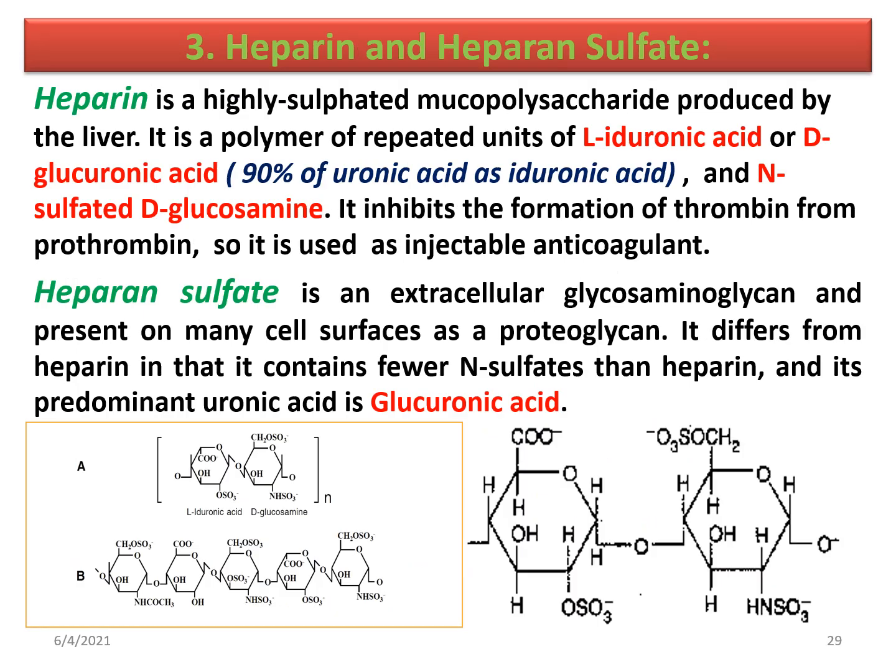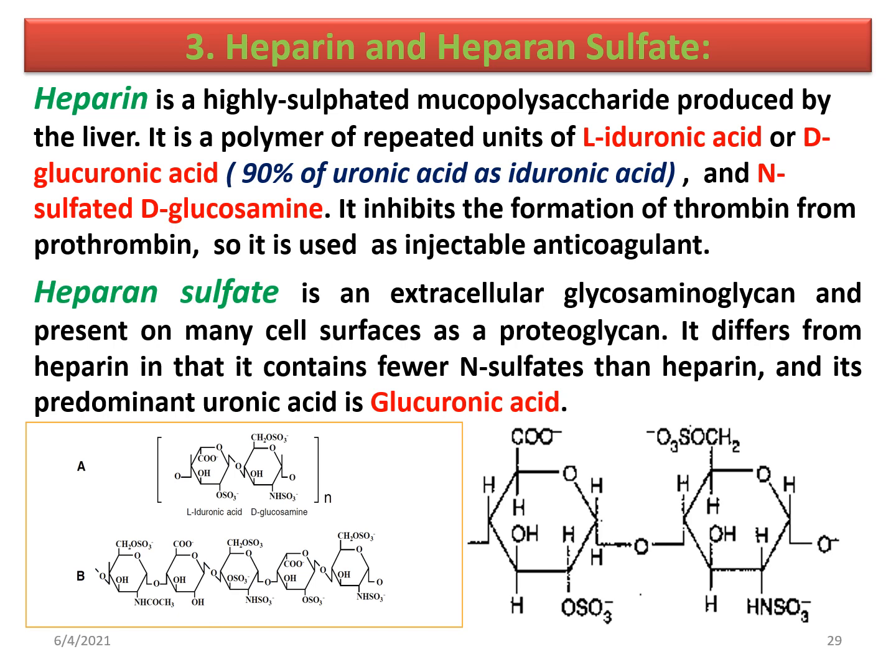Now, heparin is a mucopolysaccharide which is a highly sulfated compound. It is produced by the liver. It is a polymer of repeated units of uronic acid and sulfated glucosamine. The uronic acid could be L-iduronic acid or glucuronic acid.